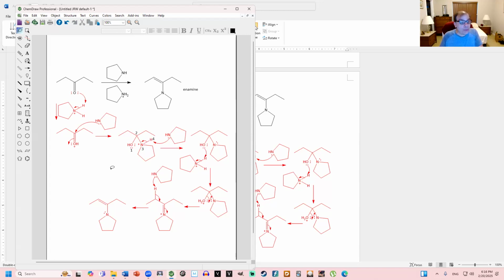So the only question that remains in the decisions that we make is what are we going to use to pull that proton off? Not a water molecule. There is no water. You're not given water as an option. So you'll use whatever among the species that you're given is the most alkaline, and that's going to be the amine free base, certainly not the conjugate acid of the amine.